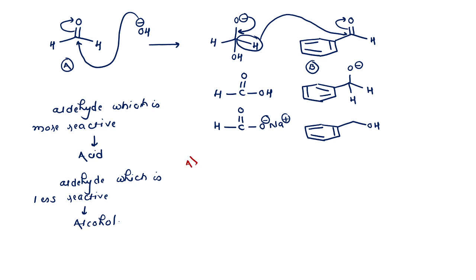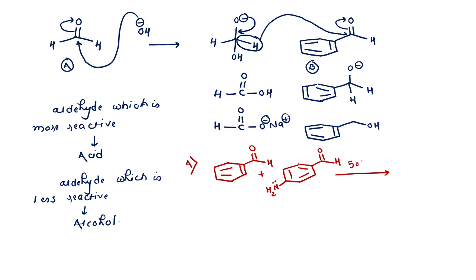The first example: if I take benzaldehyde, and with benzaldehyde I take another aromatic aldehyde which has an NH2 group, we have to carry out this reaction with 50% NaOH and write down the product.